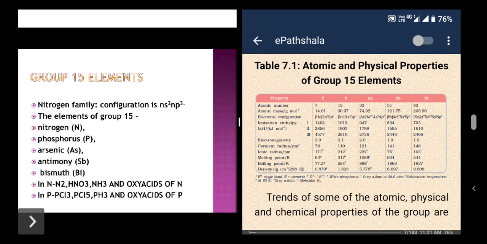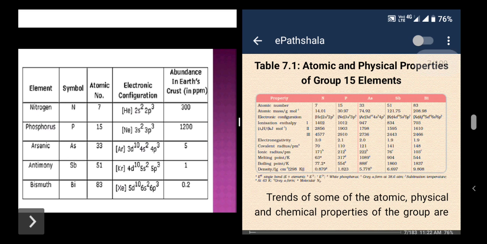Covalent radius will increase. Ionic radius will increase and also decrease again. Melting point increases as we go down the group. Boiling point, of course, also increases, and density increases as we go down the group.